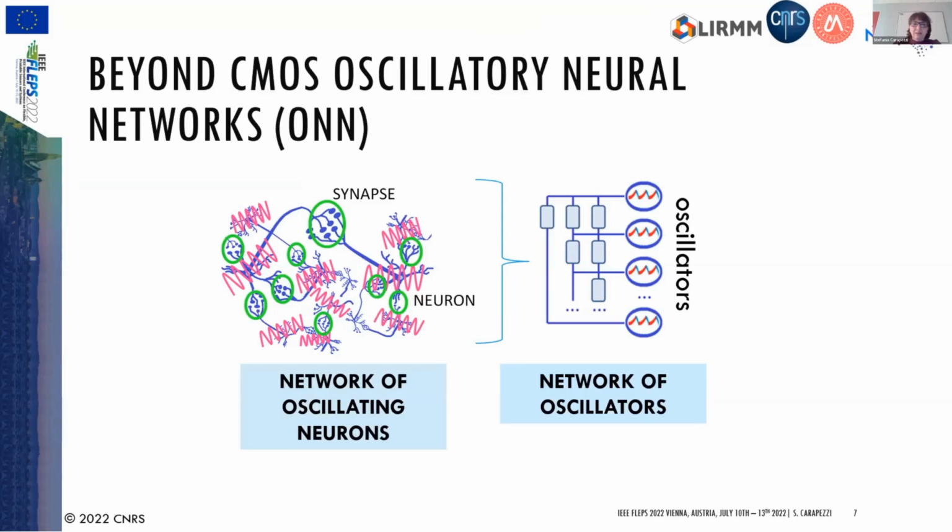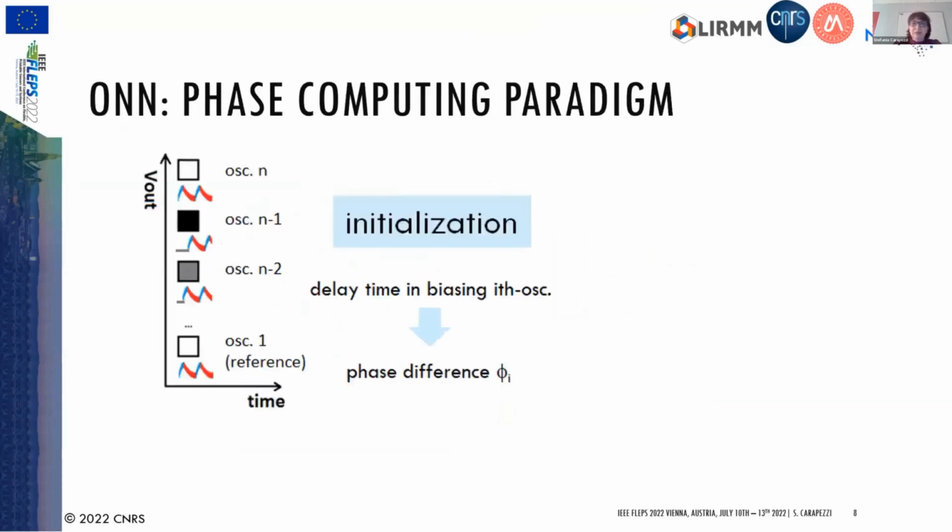And many kinds of neurons can be modeled as oscillators. That has brought the idea to mimic the activity of the brain through systems of coupled oscillators, or oscillatory neural networks. Now I'm giving you a survey of how it works as a computing machine.